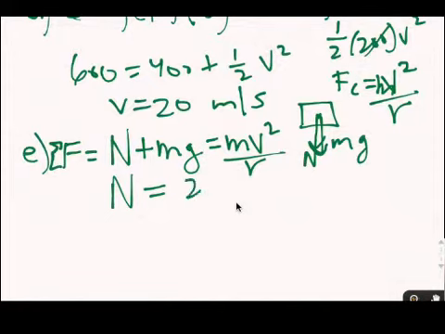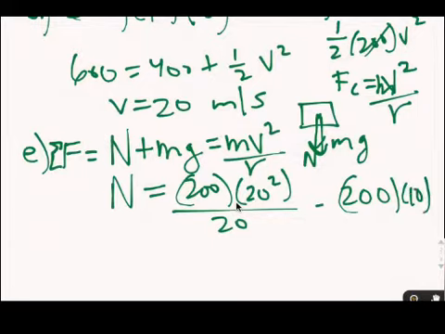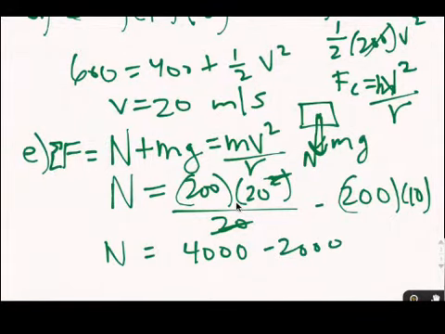So it's 200, the velocity at D we solved for earlier was 20, the radius is 20, minus 200 times 10. One of these 20s cancels one of those. So it's 4,000 minus 2,000. So your normal force is 2,000.